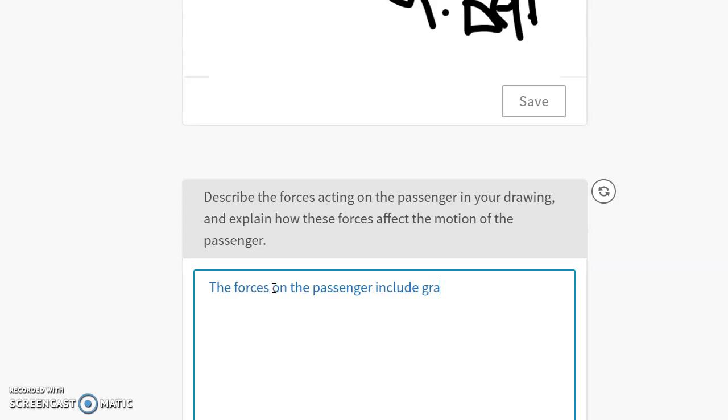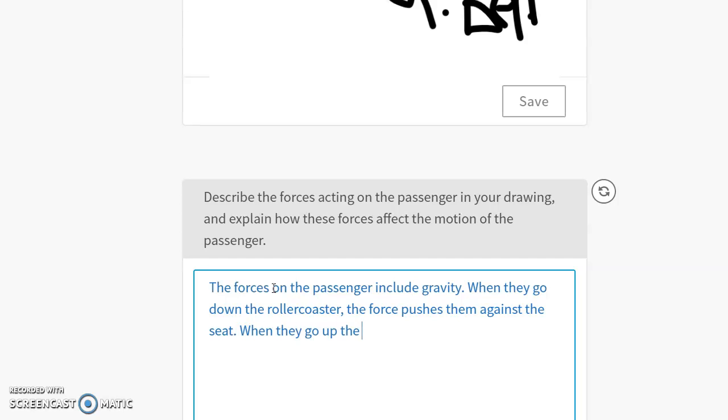include gravity. When they go down the roller coaster, the force pushes them against the seat. When they go up a hill, force pushes against the seat.